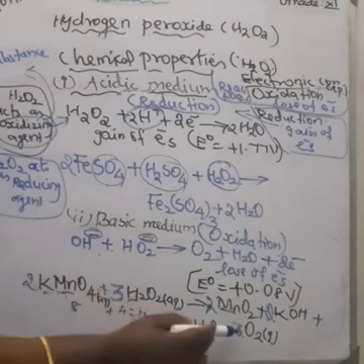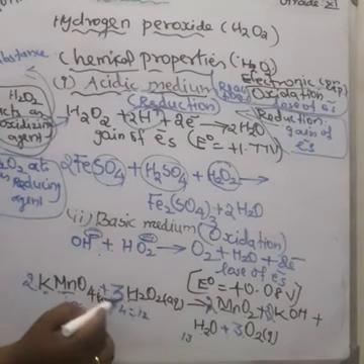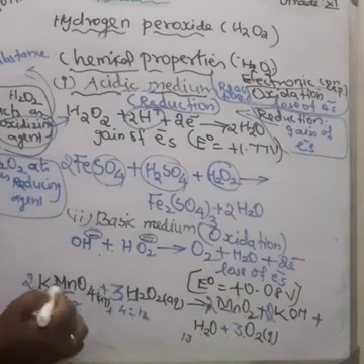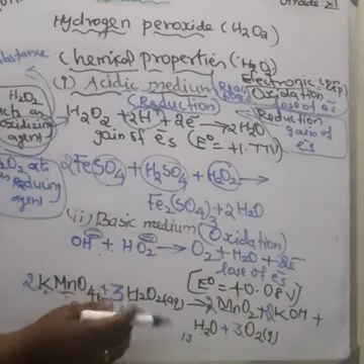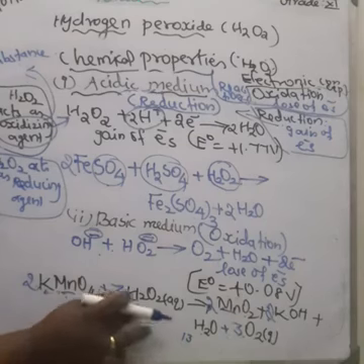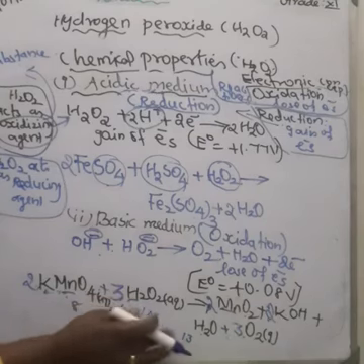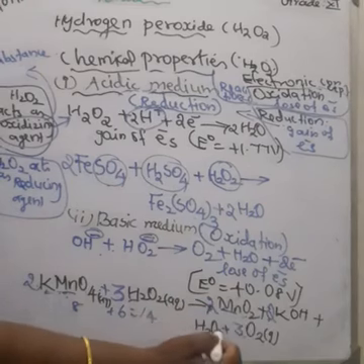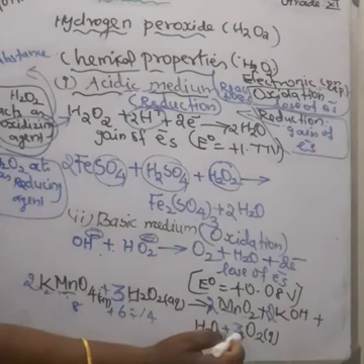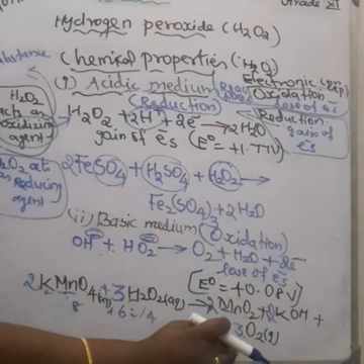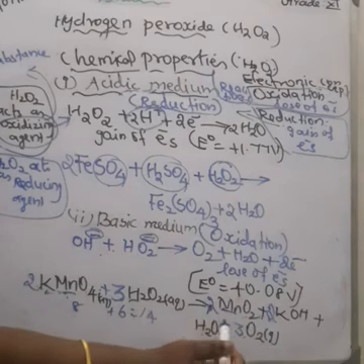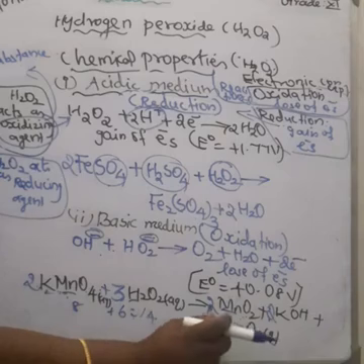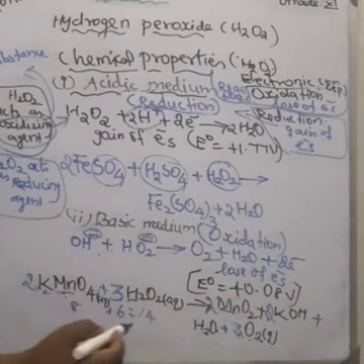Now 4 twos are 8, 3 twos are 6, so 8 plus 6 is 14 oxygen. But the other side has only 13, so I have to make it 2. Now oxygen is balanced.